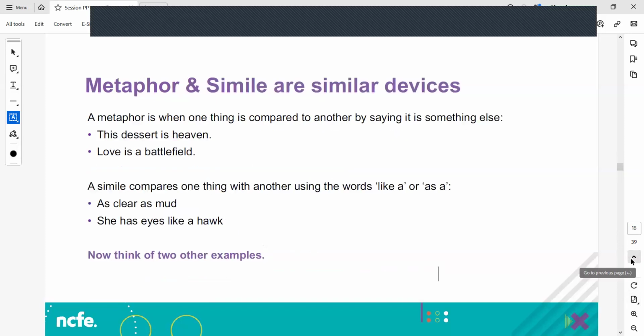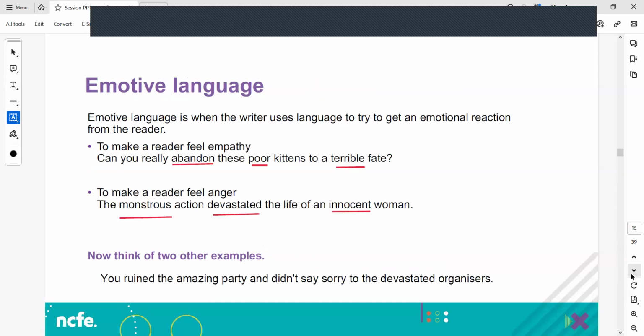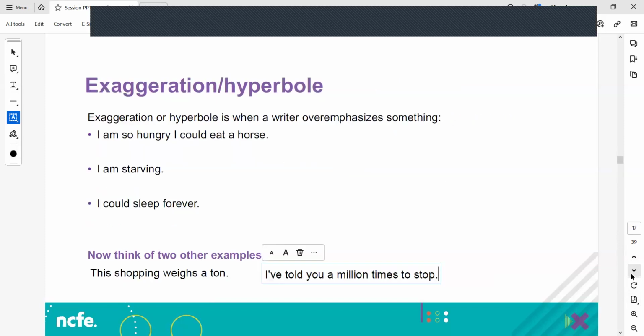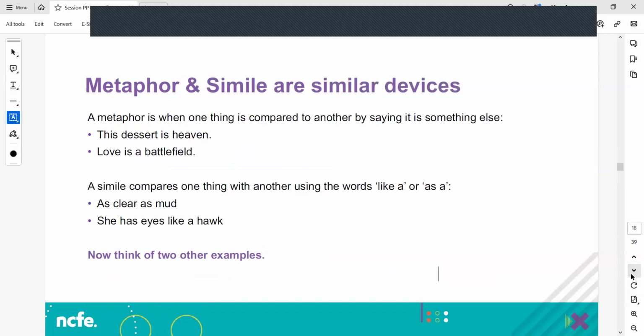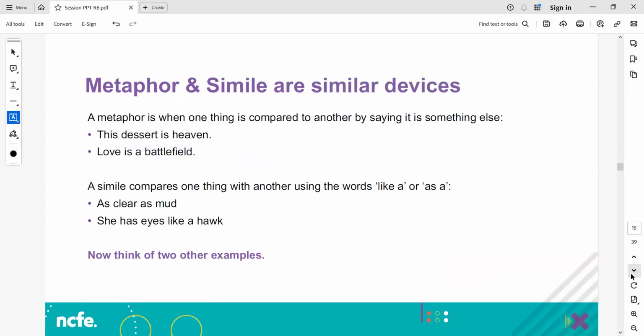Lost my place now. Okay, so metaphor and simile. So we'll come back to the mermaid example that one of you gave us, but let's look at these examples we've already got here. A metaphor and a simile are similar devices, but there's a slight difference.